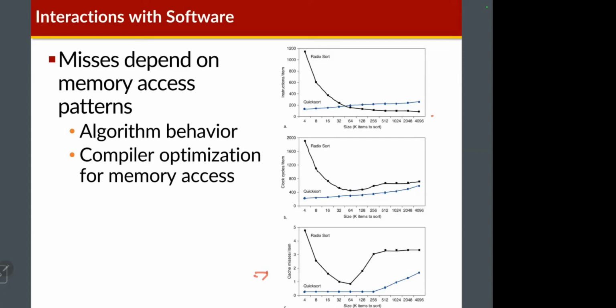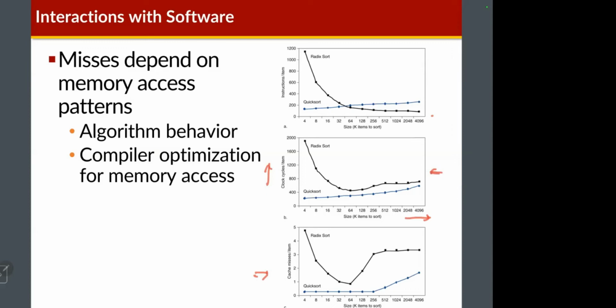If we compare the performance of these different sorting algorithms, we can compare the clock cycles per item. This means the required clock cycles for sorting a single item, so the total execution cycles are divided by the number of items. The x-axis represents the number of items, and the y-axis represents the clock cycles per item.